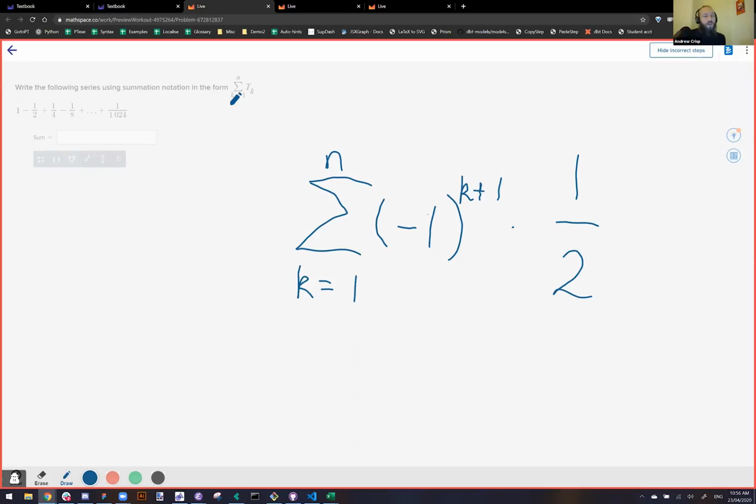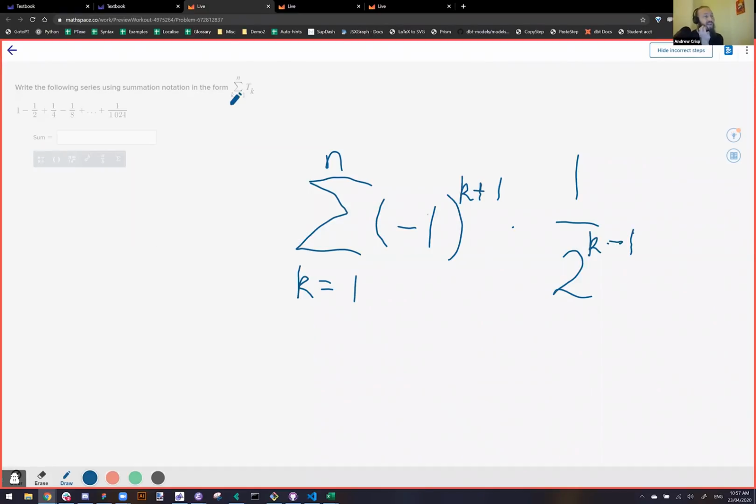We've already figured out that when k is 1, we're going to get a positive. But when k is 1, we also want to make sure that the thing on the bottom is 2 to the power 0, not 1. So in this case, we're actually going to do k minus 1.